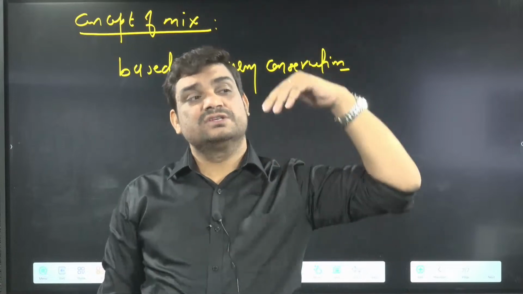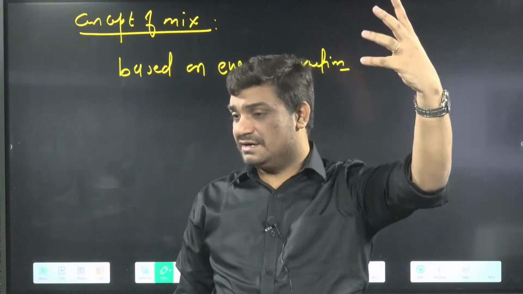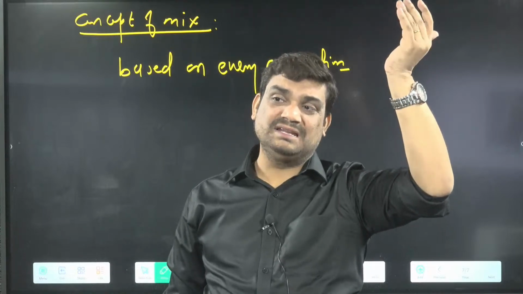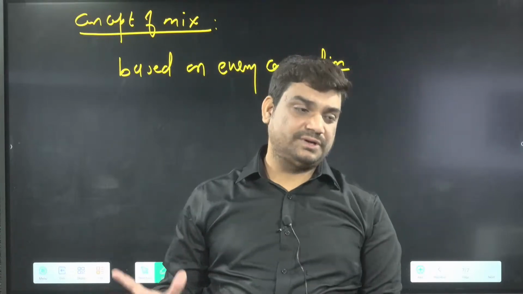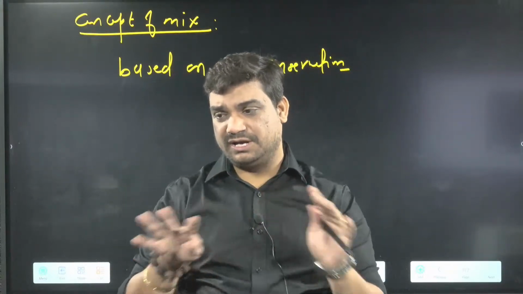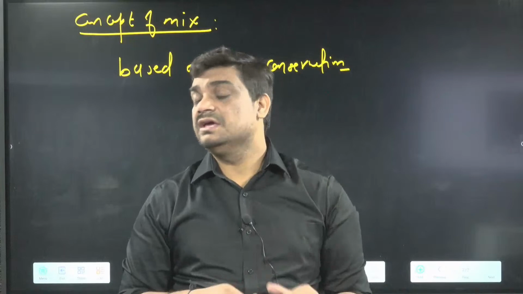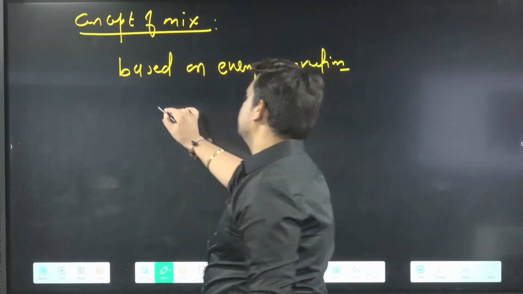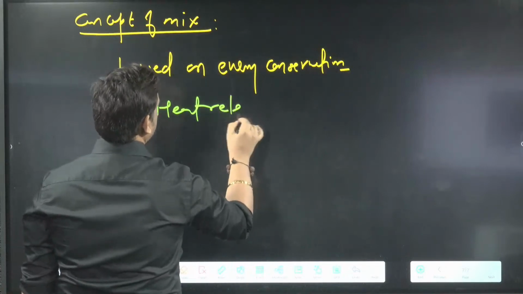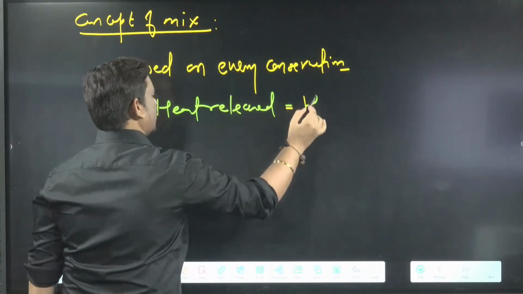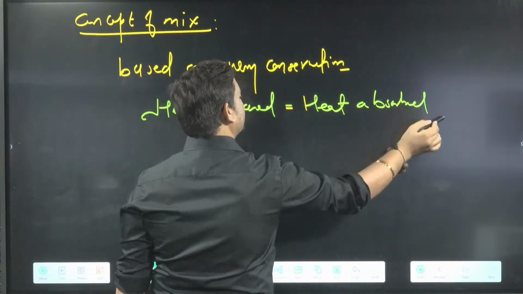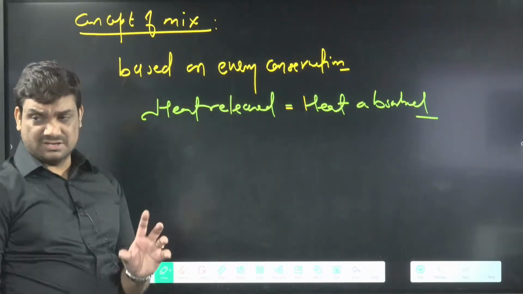So release energy should be equal to the absorbed energy all the time in the mixture. Whichever is at the higher energy level, higher temperature, will be releasing the energy, and whichever is at the lower energy will be taking the energy, and then they will equalize things. So heat released equal to heat absorbed. From outside we are not taking any energy, that's why I'm saying energy is conserved.